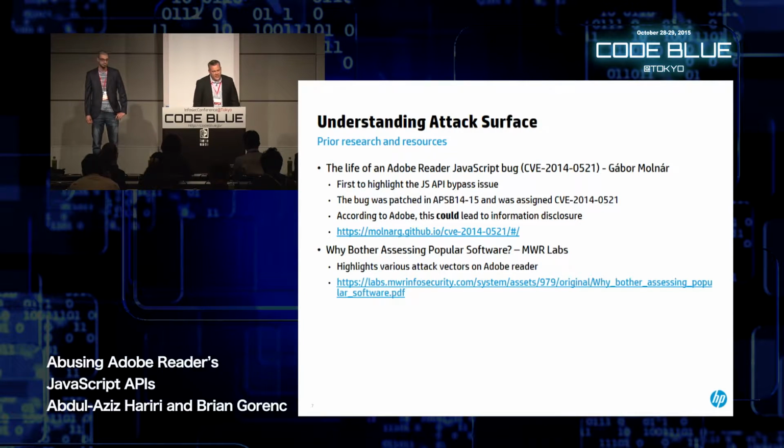The next presentation we'll talk about is from MWR Labs, where they assessed why a person would bother auditing popular software, with the assumption being that all of the low-hanging fruit and all of the harder vulnerabilities have been discovered, and why you would spend your time there and focus elsewhere as a new researcher. They highlighted the various attack surfaces that existed in the product, and one of the areas they talked about was the JavaScript APIs.